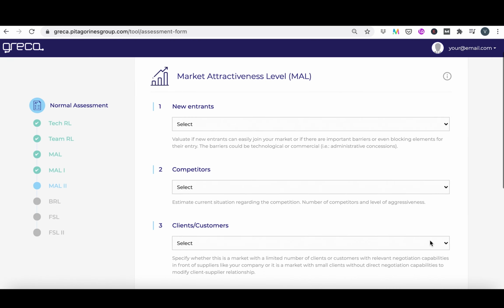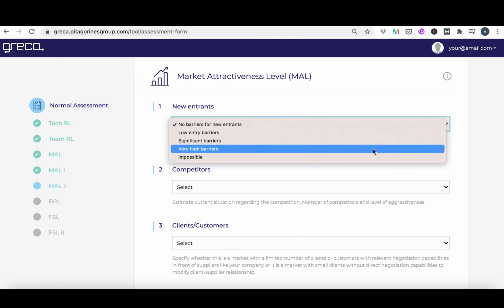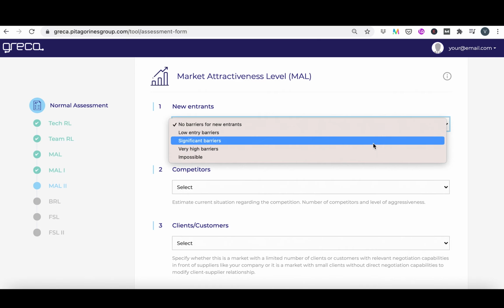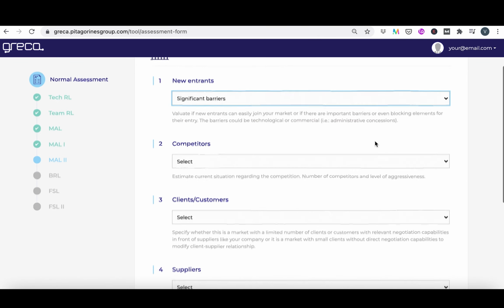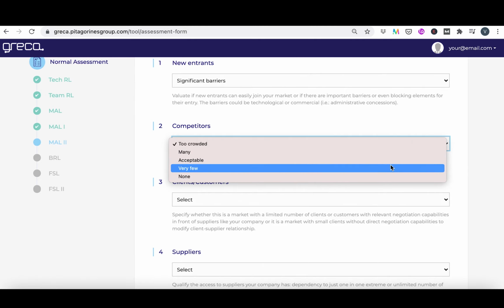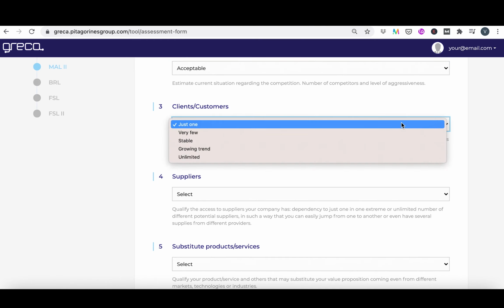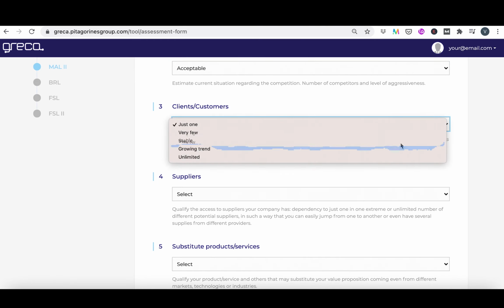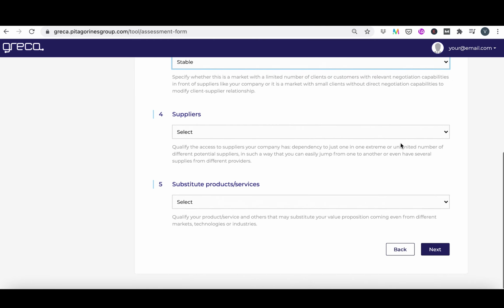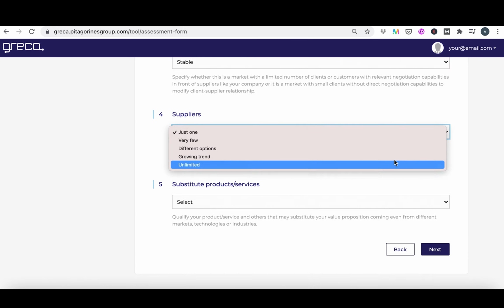Finally, we must provide information regarding the well-known 5 forces of Porter and indicate whether or not new competitors in our market must overcome significant barriers to entry, whether or not the competitive environment is very crowded, the number of customers in the market and their trend, the number of potential suppliers and their negotiation power over us.